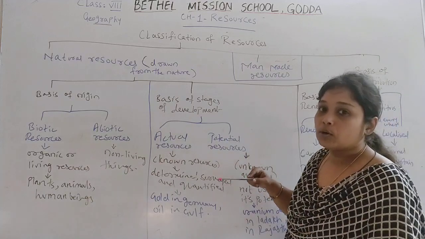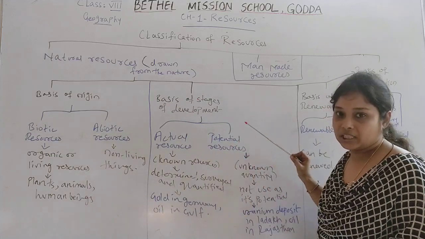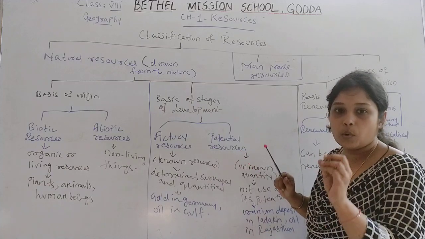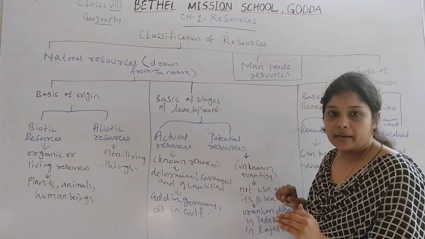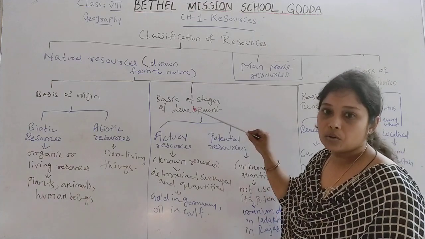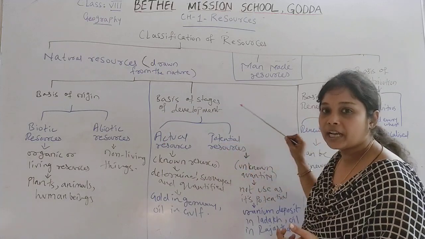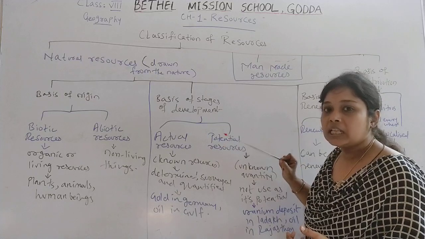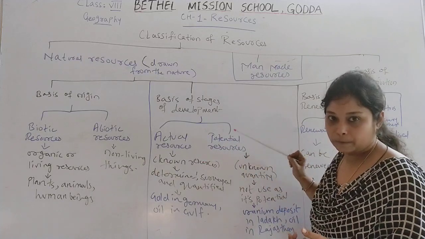Natural resources can be classified in different ways, but man-made resources do not have any classification. There is only one classification, that is man-made resources made by men. But natural resources have been classified on the basis of different things. Now we will see the classification of natural resources on different bases.